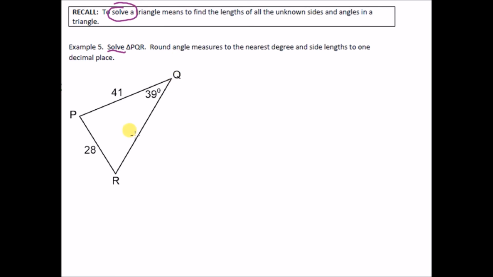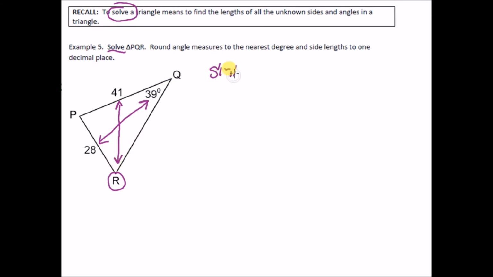Okay, so we have to figure out what matchup we have. Well, we have angle Q and side Q. And then we have side R. So what we're actually able to figure out is angle R. Let's put the angles on the top.